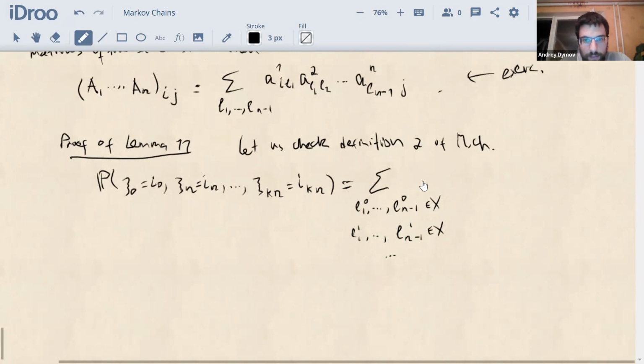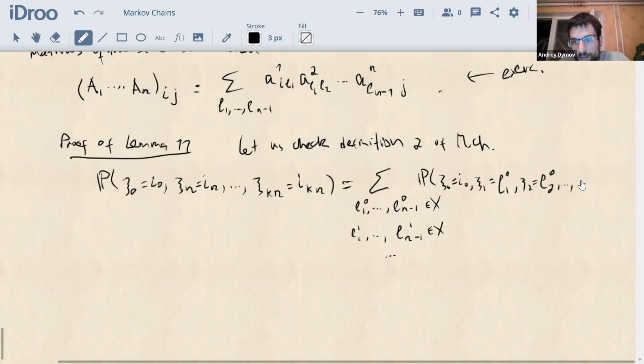And here I have the probability that at xi0 I am at I0, then at xi1 I am at L10, at xi2 I am at L20, and so on.